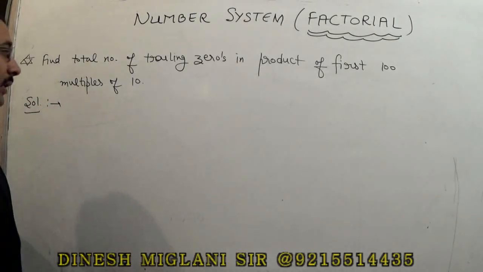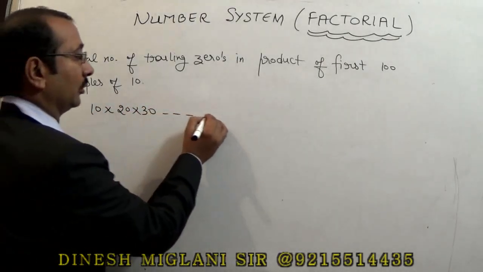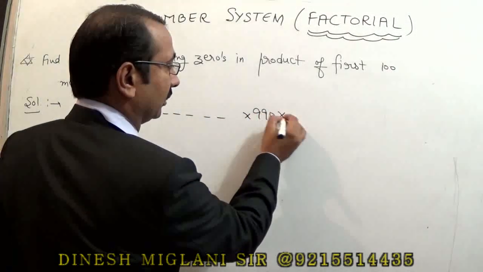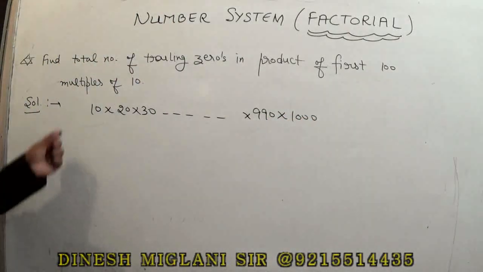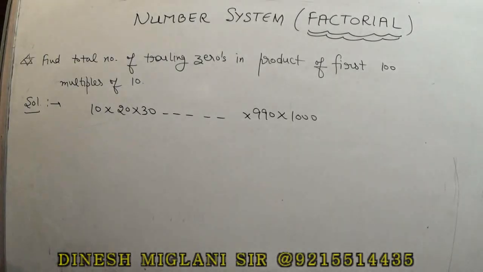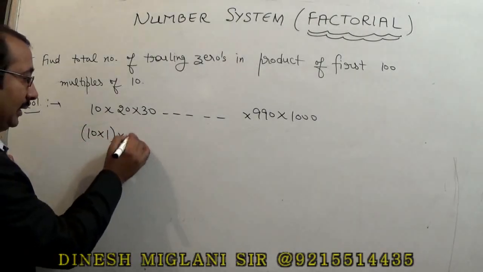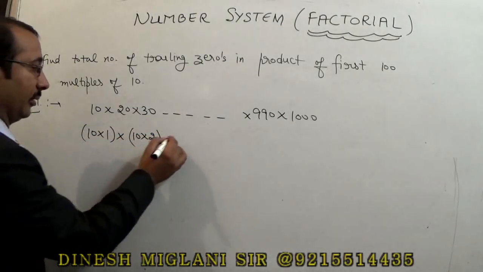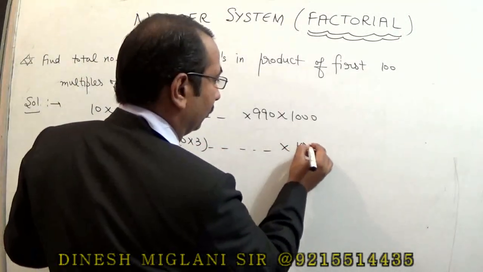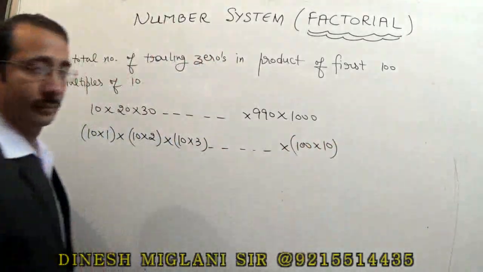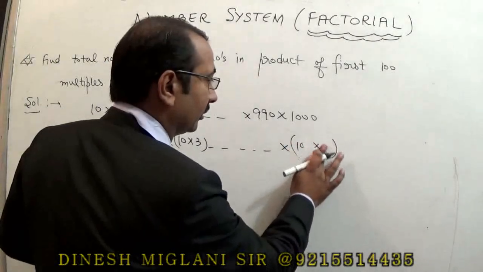The first 100 multiples of 10 means the first multiple is 10, the second is 20, then 30, and it goes up to 990, then 1000. This is the product of the first 100 multiples of 10. Now I have to count the trailing zeros in this. When I say 10, 10 means 10 into 1, 20 means 10 into 2, 30 means 10 into 3, and 1000 means 10 into 100.